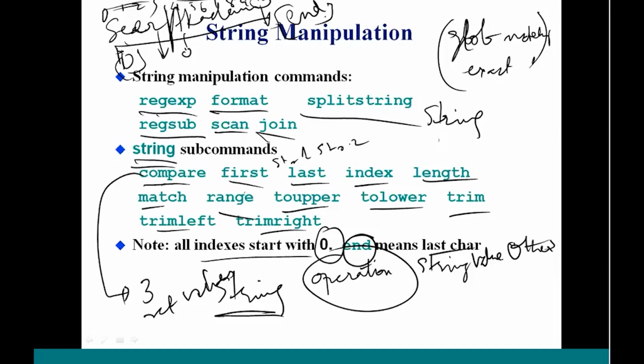If string 1 does not exist as a part of string 2, then it returns -1 to indicate that string 1 is not found. And last is the same, essentially, which gives the last occurrence of string 1.